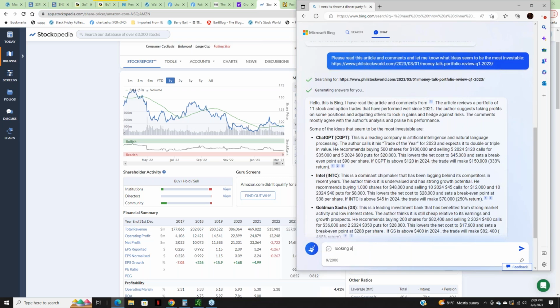So dare we ask, looking at Amazon, where does their revenue come from? How does it break down by segments?